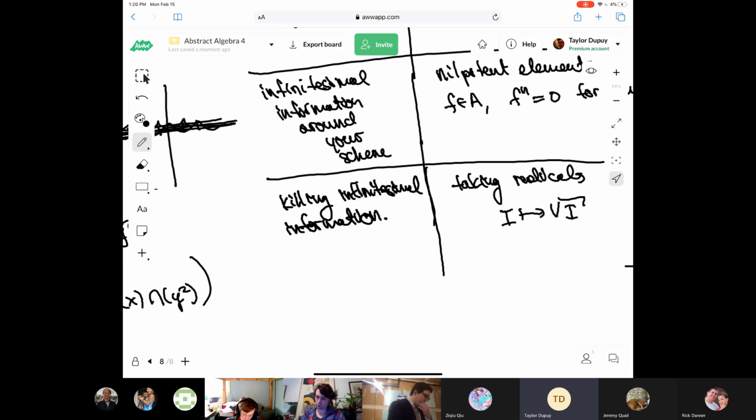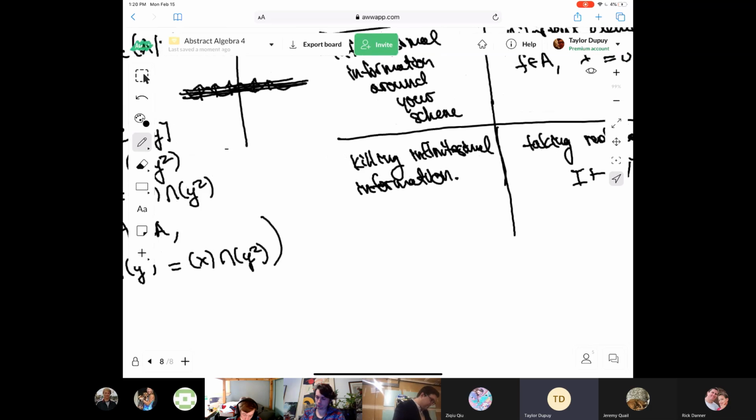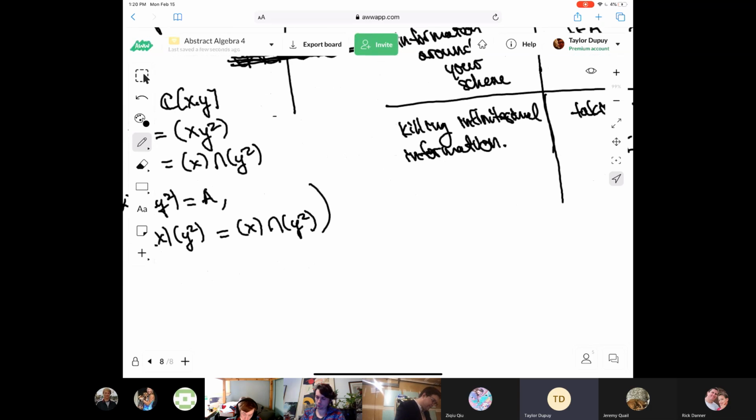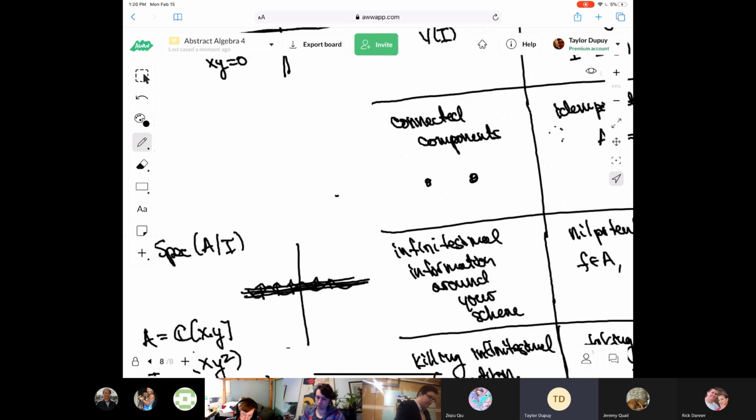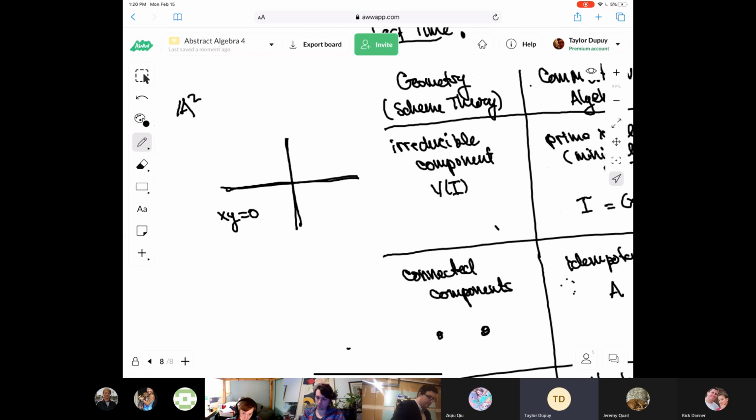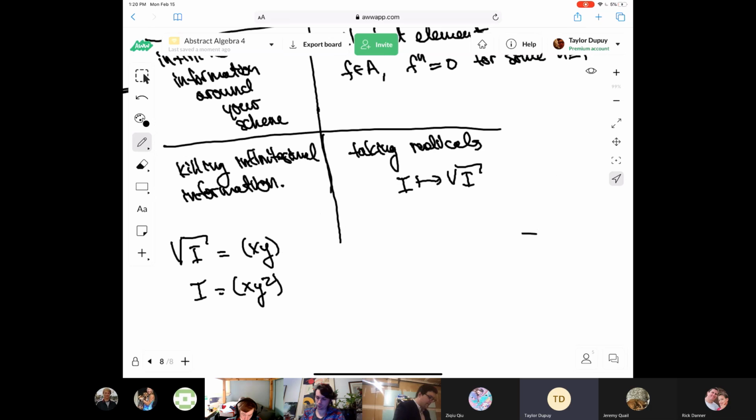And so the point is, in this running example, the radical of I is just equal to xy, if I is equal to xy squared. So it goes back to this example here where there's no infinitesimal information.